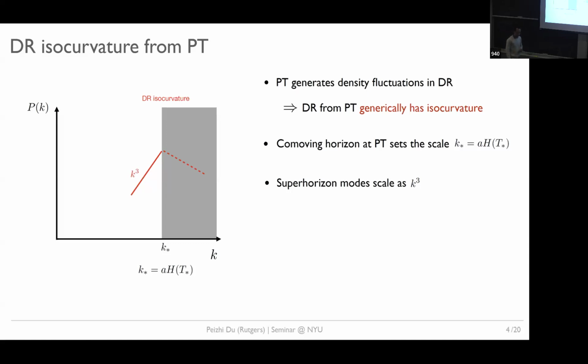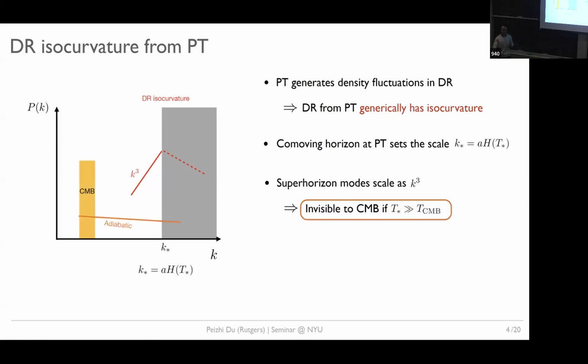Now you might wonder, since I argue that this is a generic feature for any new dynamics, why we haven't heard much about CMB constraints for these things. That is because there's a big scale separation. Let's look at the scale that CMB can probe, which is the temperature of the CMB roughly around eV scales. Now, if you consider some phase transitions happening at a high temperature, let's say at TeV or some even higher temperatures, there's a big scale separation between the scale of this k star and the scale of the CMB.